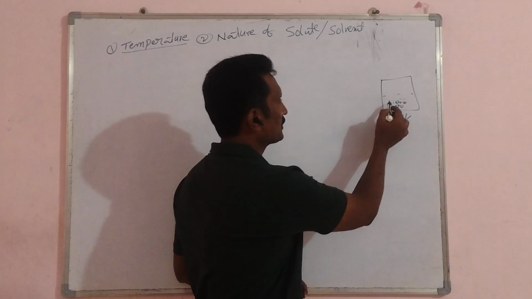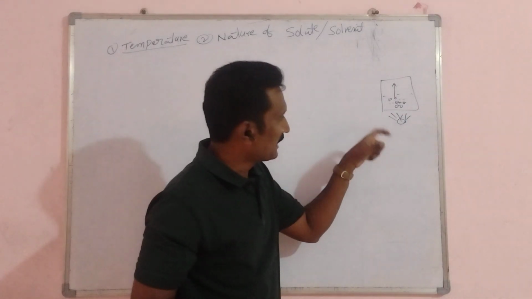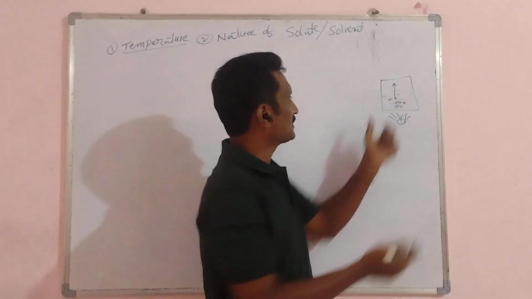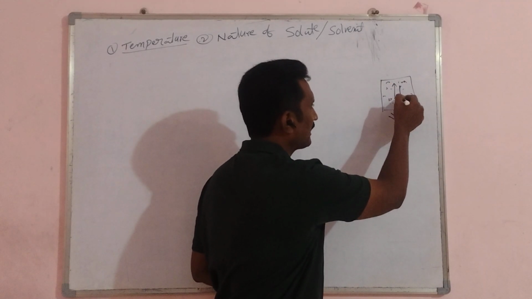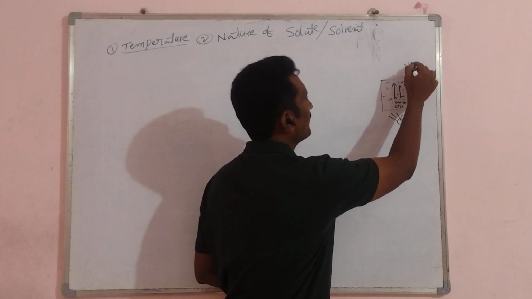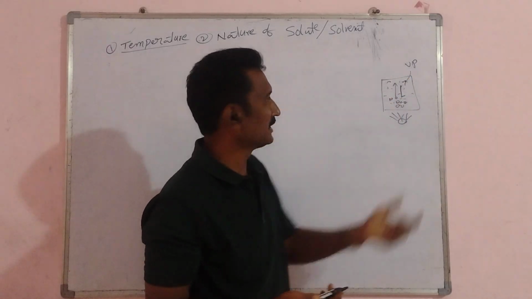If intermolecular forces are weak, the liquid is converted into vapor. That means on increasing the temperature, evaporation increases. If evaporation increases, automatically the number of particles in vapor increases and they are converted back to liquid. And at the equilibrium state, this pressure is called vapor pressure. So obviously, on increasing the temperature, vapor pressure increases.